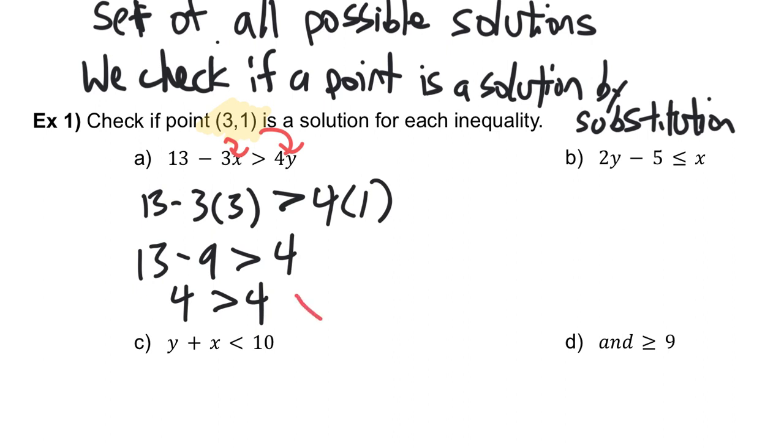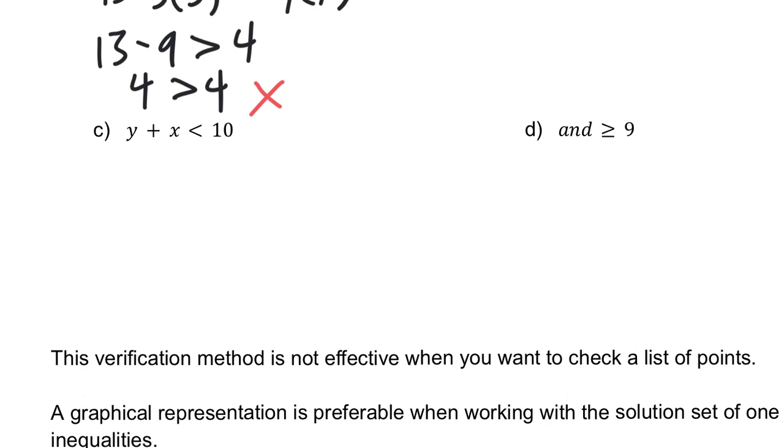So this is not a possible solution because 4 is not greater than 4. And that's where the greater than or equal to, less than or equal to is important, right? Because if it was, is 4 greater than or equal to 4, we could say it's true. But it's asking specifically if 4 is greater than 4, which it is not.